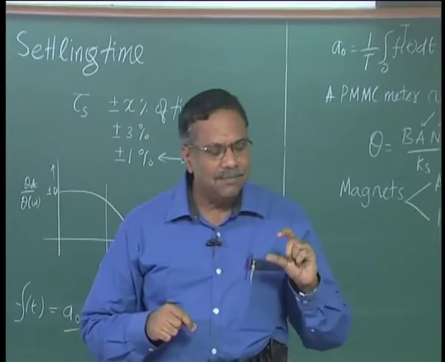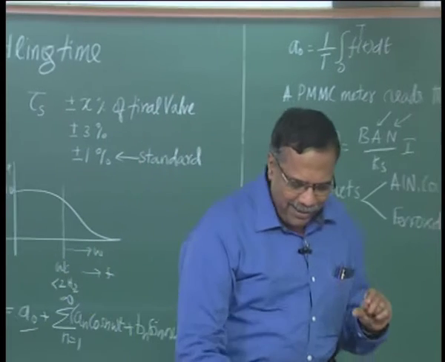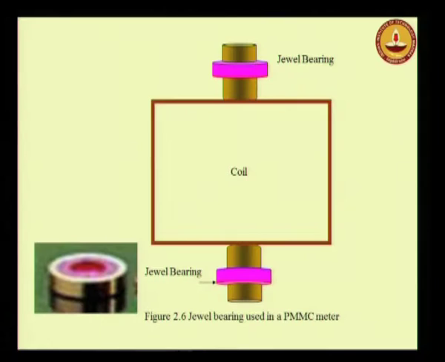And after a while, in 1902, a discovery was made that instead of using pin and socket, a jewel bearing can be used for the wristwatches. Actually this jewel bearing was not developed for the PMMC instrument, it was developed for watches, right.